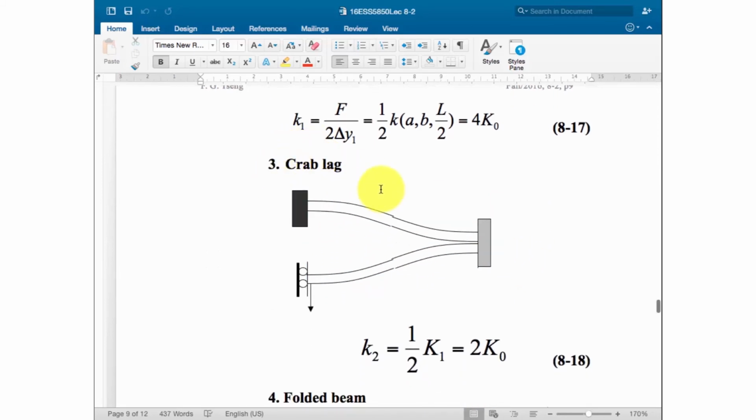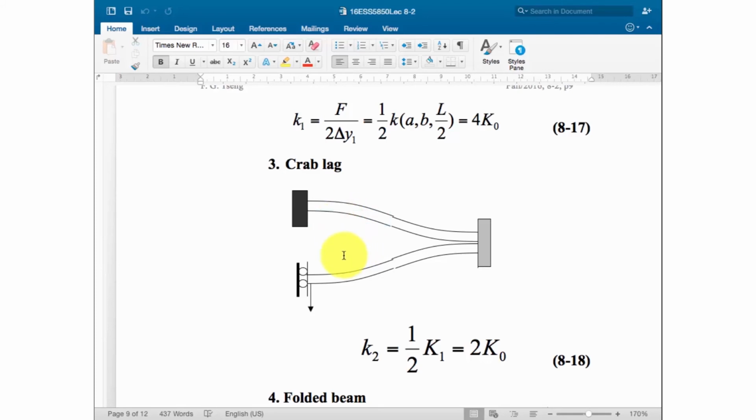Now we connect two of this kind of spring together in series. We call this a crab leg, like one pair of crab legs. The crab leg is considered 2 similar springs connected to each other in series. It is a series connection because when you apply the same force, you get double the deformation again.